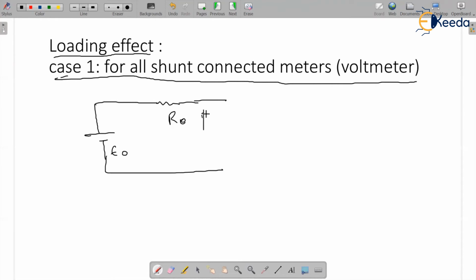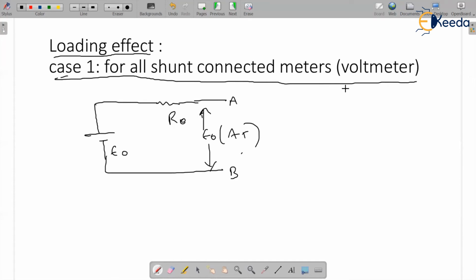You will have E naught, and here A and B. So I can treat it as a true value.